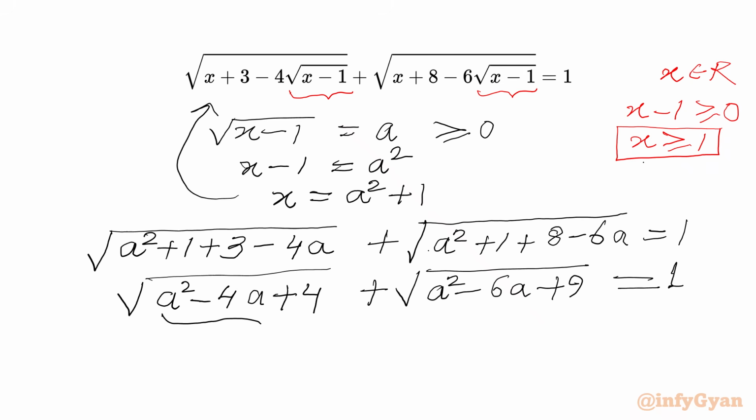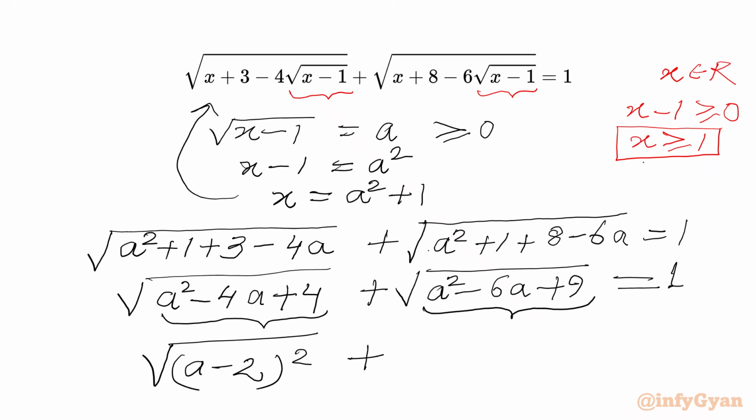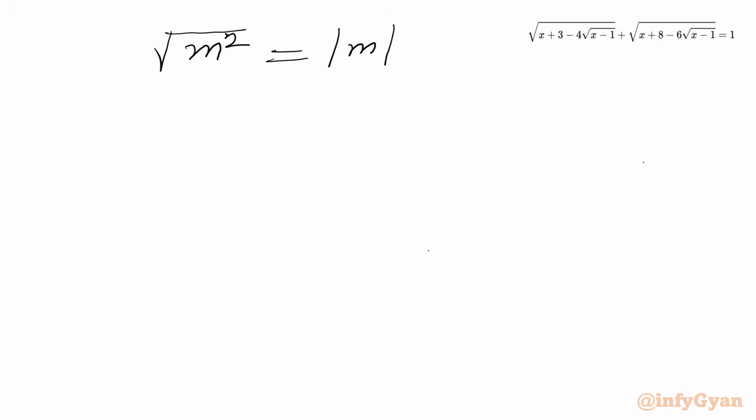This is a minus 2 whole squared, and here we have a minus 3 whole squared. So we will write square root of (a minus 2) whole squared plus square root of (a minus 3) whole squared equal to 1. Now from the definition of square roots, we know that square root of m squared is not equal to m; it is the absolute value of m.